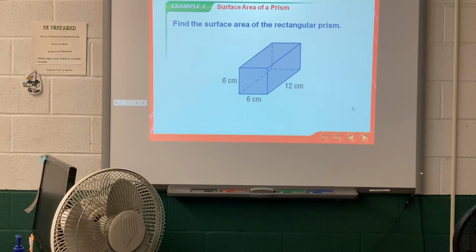Why is it 6 times 4? Six times 4 sides. So this is my perimeter. And then what's my base? 36, 6 times 6, right? So it's the area of the base, which in this case is 6 times 6. So we simplify.